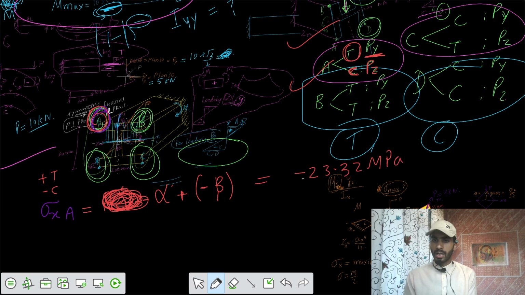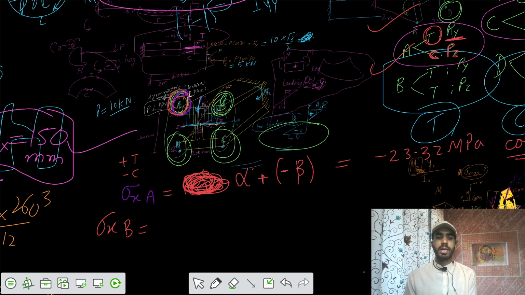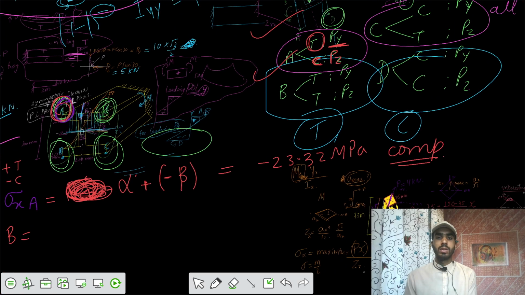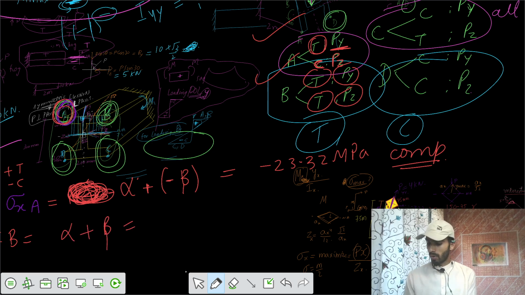That is compressive, the net value at corner A. Similarly, sigma x at corner B, the bending stress in the direction x at corner B, both are tensile, so both are positive. Alpha plus beta gives 51.19 megapascal, positive tensile stress.